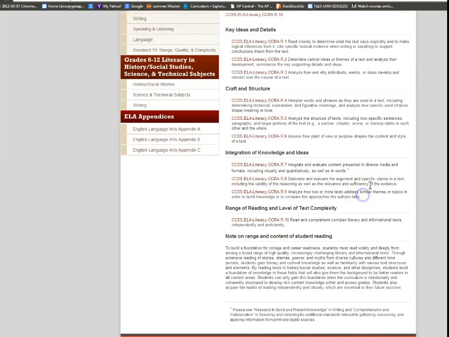Number 9. So this is more analytical. Analyze how 2 or more texts address similar themes or topics in order to build knowledge or to compare the approaches the authors take. And under range of reading and level of text complexity, standard number 10, read and comprehend complex literary and informational texts independently and proficiently.